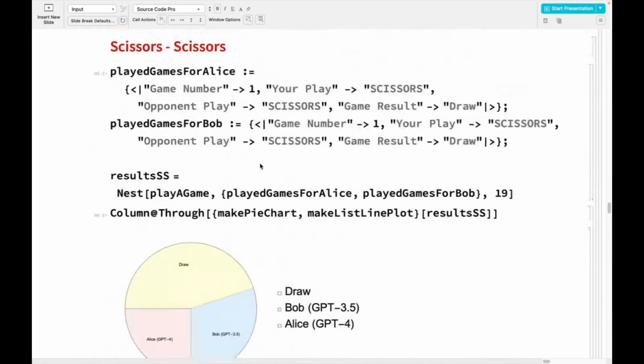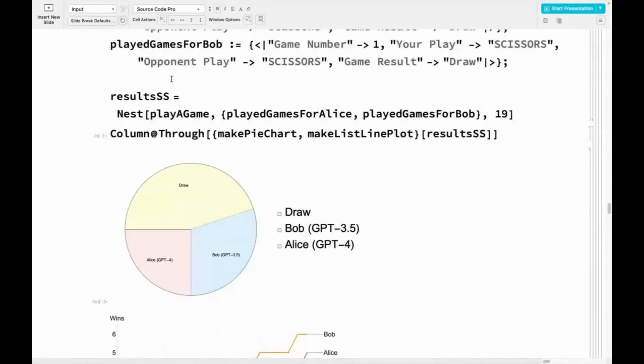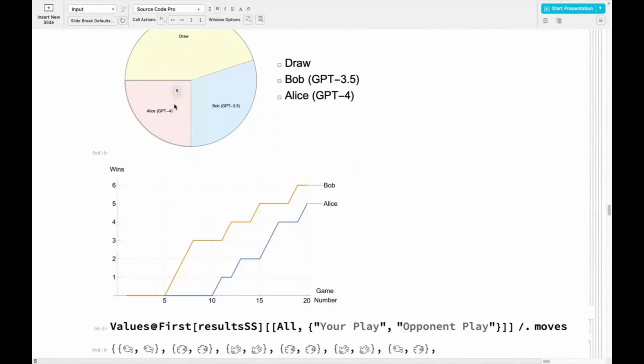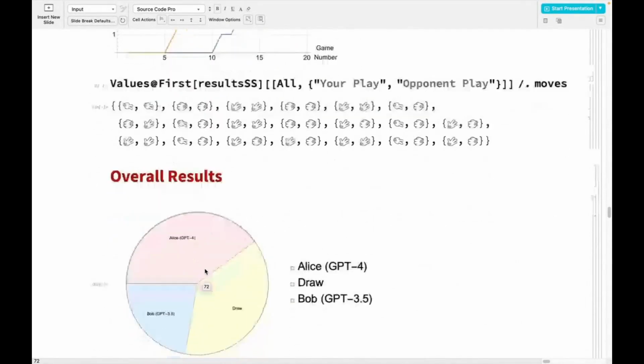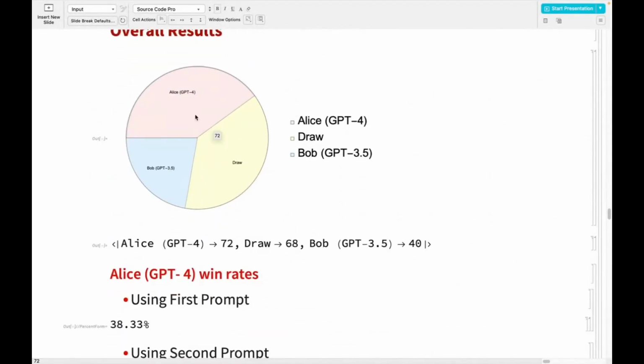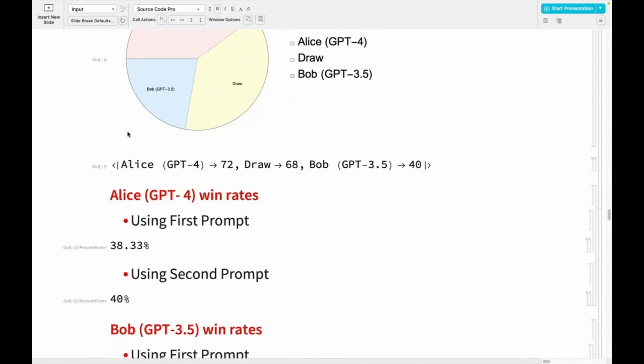So in this particular case, when we start the first round with Alice and Bob both throwing scissors, Alice ends up losing against Bob. So the overall results, again, are around 40% for Alice GPT-4 and 20% win rate for Bob.